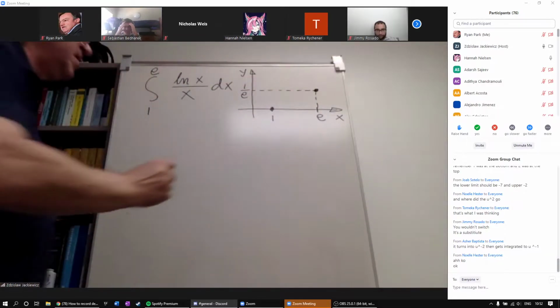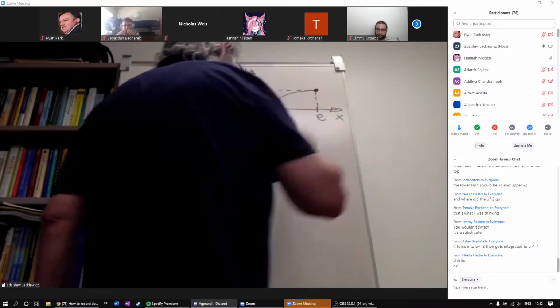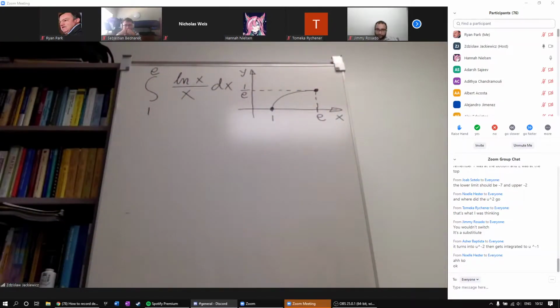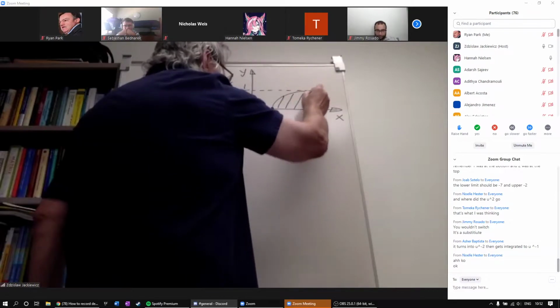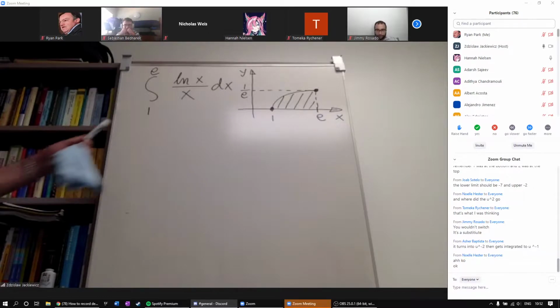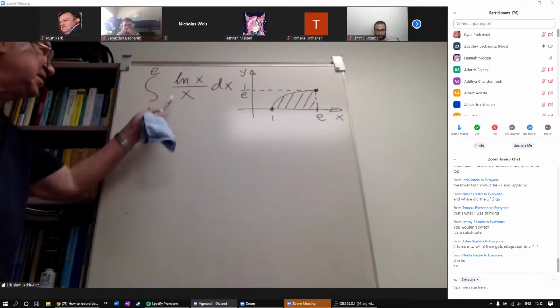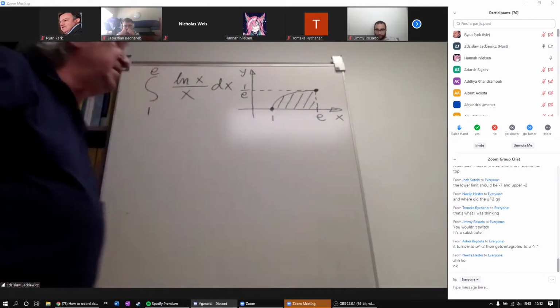And the function looks more or less like this. So what this means is this area; we are trying to compute this area. The interpretation of this integral is the area under this curve.